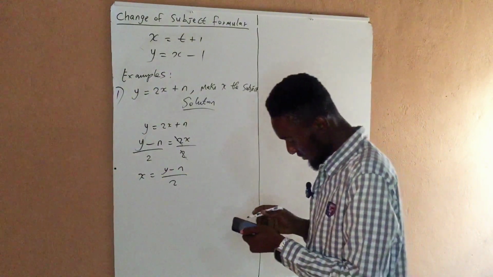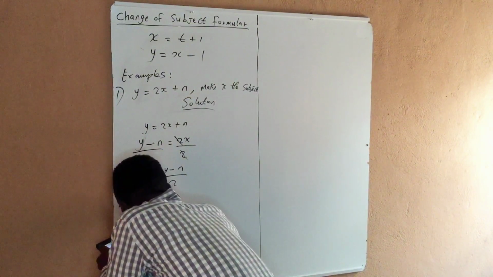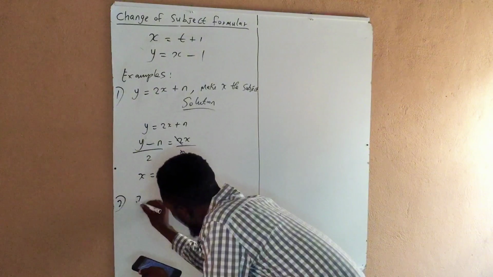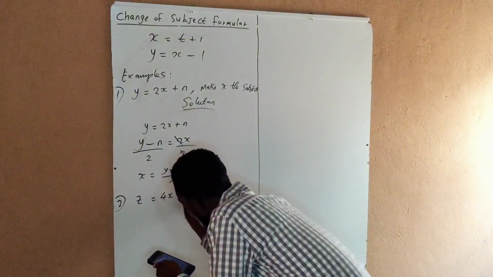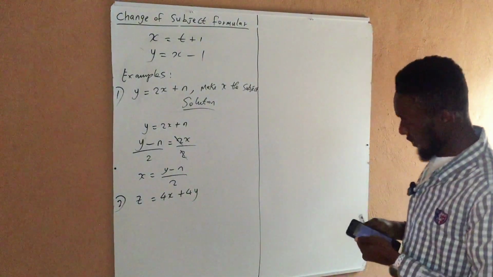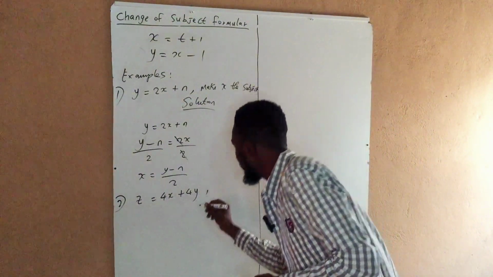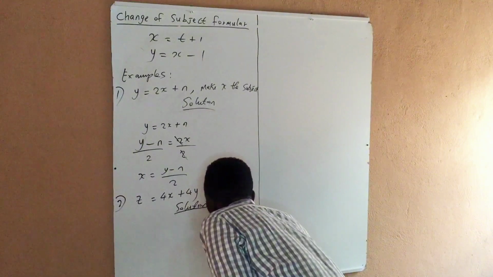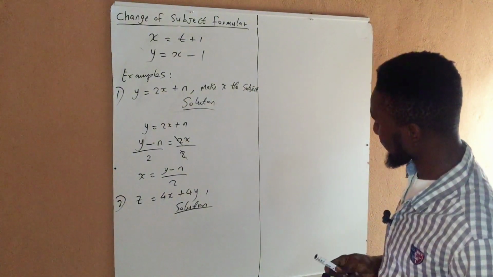Let's look at another example. When you are given z equal to 4x plus 4y, and you are asked to make x the subject.